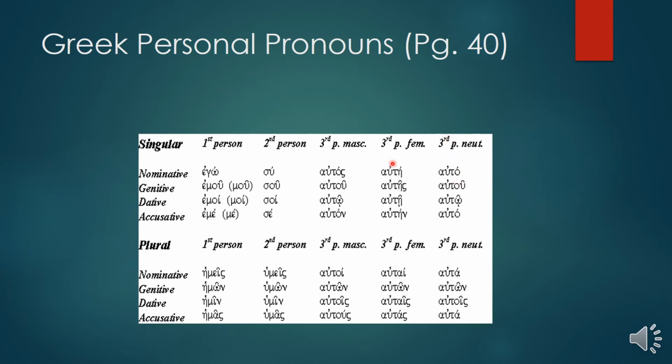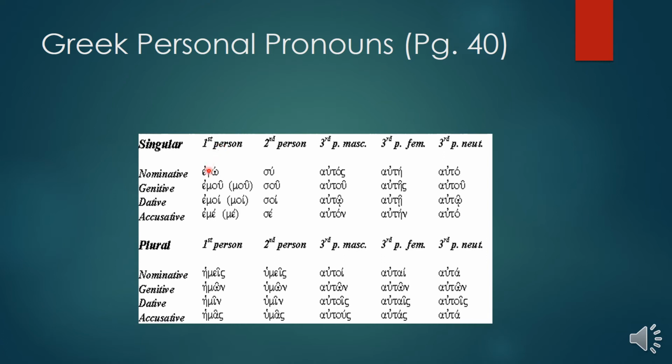Third person. So all three of these are third person masculine, third person feminine, third person neuter. First, second, third person. Singular is here, and plural is here. So pronouns decline just like nouns do.